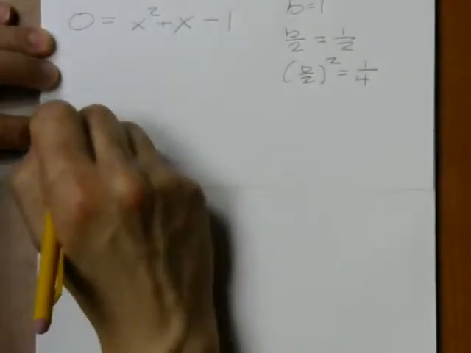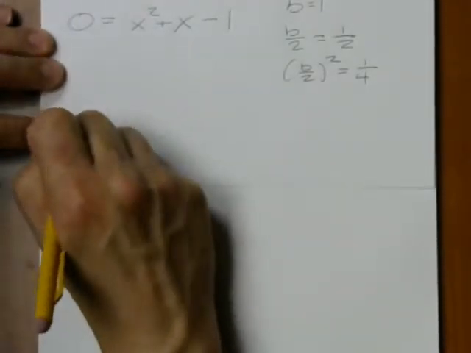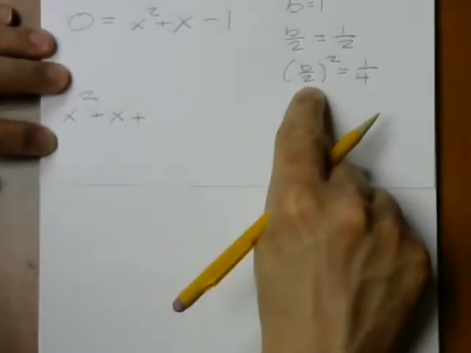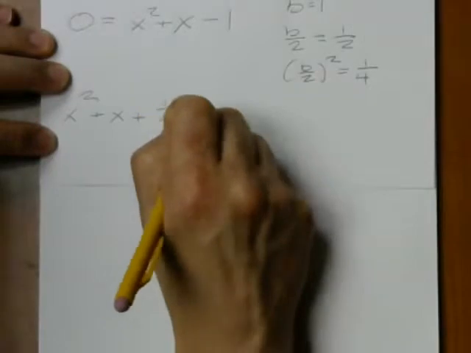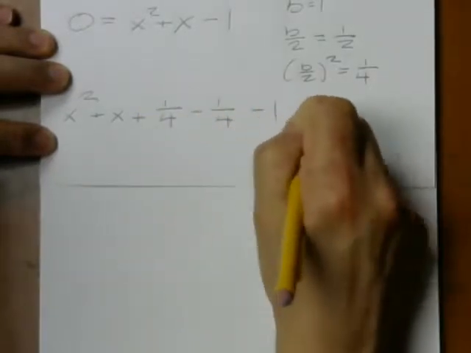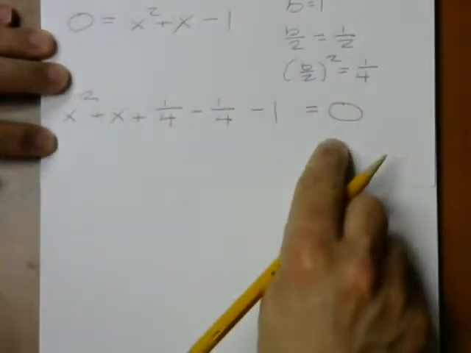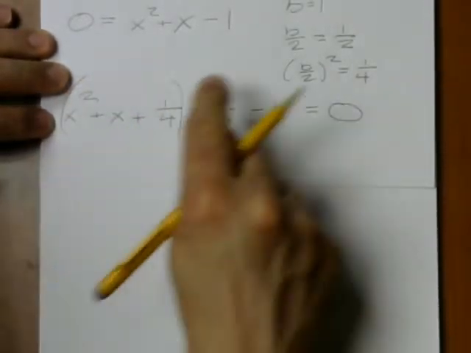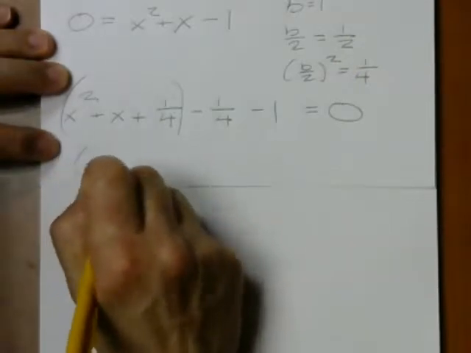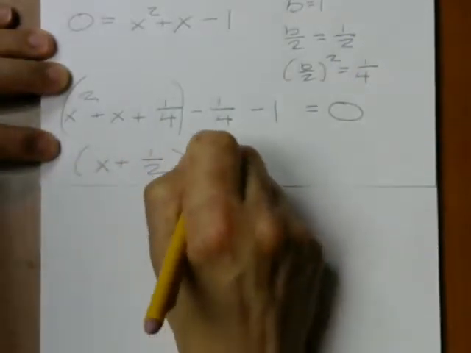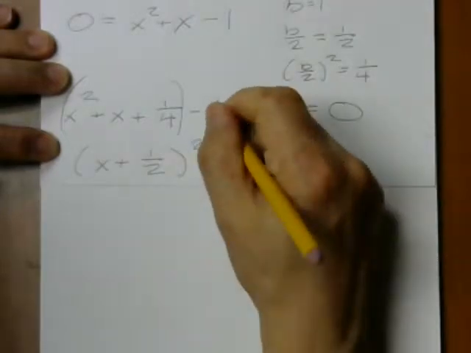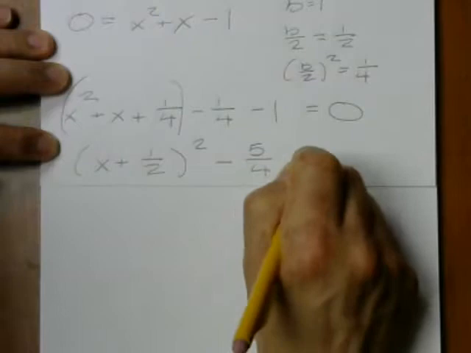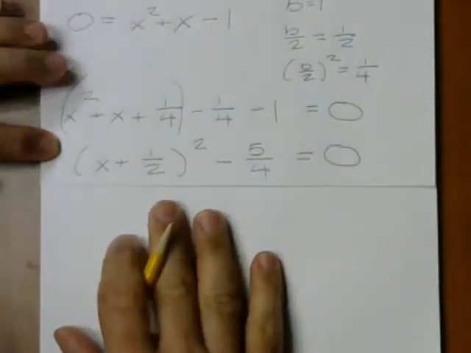So for this, I take x squared plus x plus, this is the thing I add and subtract, plus 1/4 minus 1/4 minus 1, and I'm setting that whole thing to 0. When I regroup, these three terms give me x plus b over 2 squared, and then minus 1/4 minus 4/4. So that's what I get.